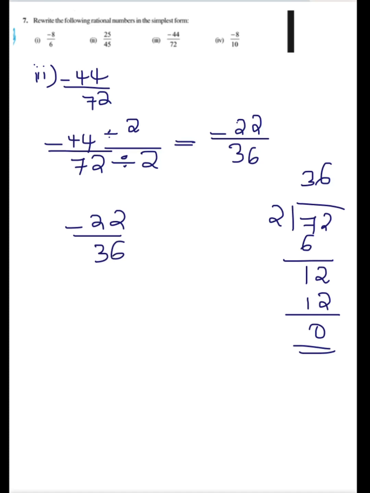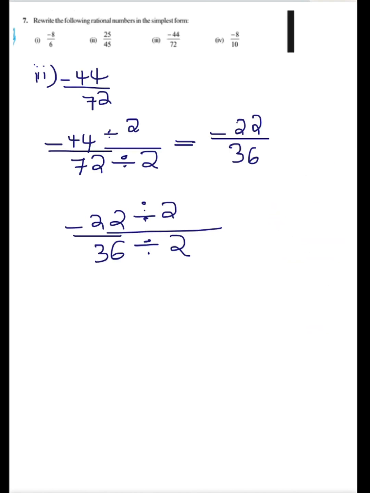They are not in their standard form. So again, you have to divide by a common factor. Suppose I am taking 2 again, because 22 and 36 are both divisible by 2. What is 22 divided by 2?